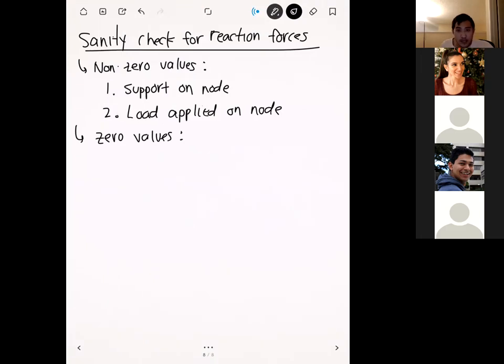And there's also going to be cases where you get a zero value, okay? A zero reaction force basically means that there's no force being applied at that node. And so these are all nodes that are free, or all degrees of freedom that are free. That means they're not being supported and they're not being loaded.